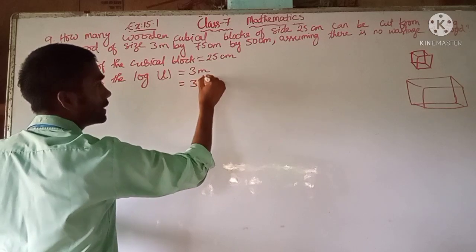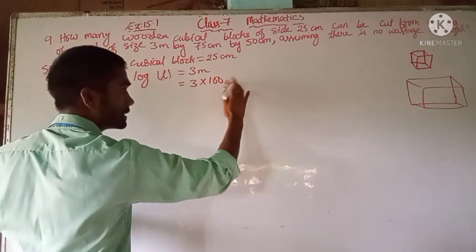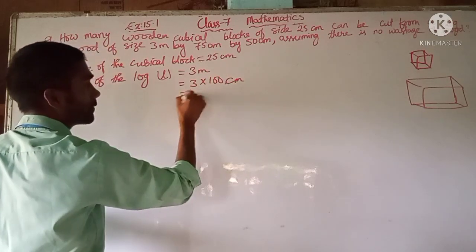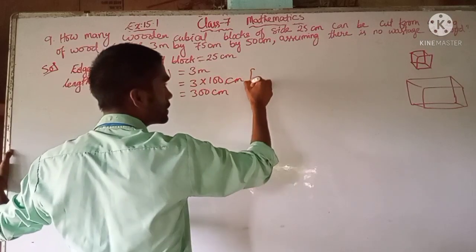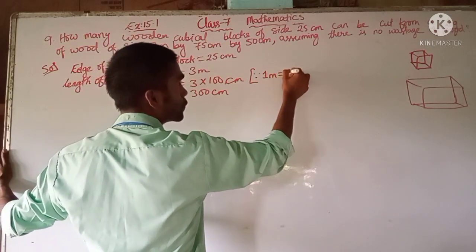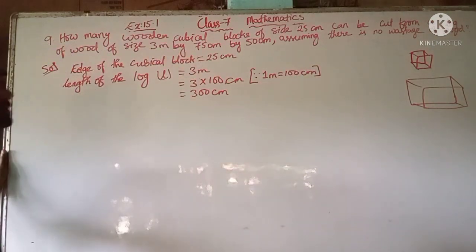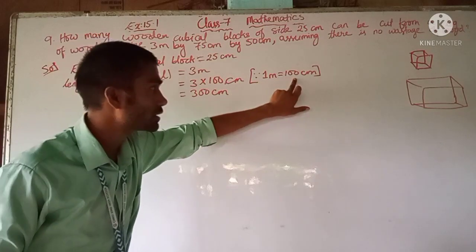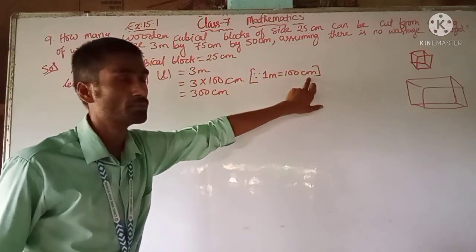So 3 into 100 will be equal to 300 centimeter. Because here we will write the reason, that is since 1 meter is equal to 100 centimeter. Then 3 meter will be equal to 300 centimeter.